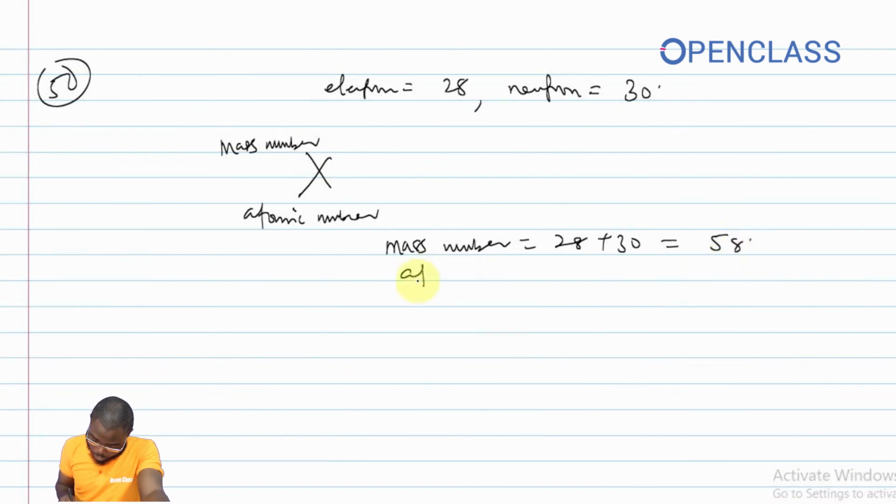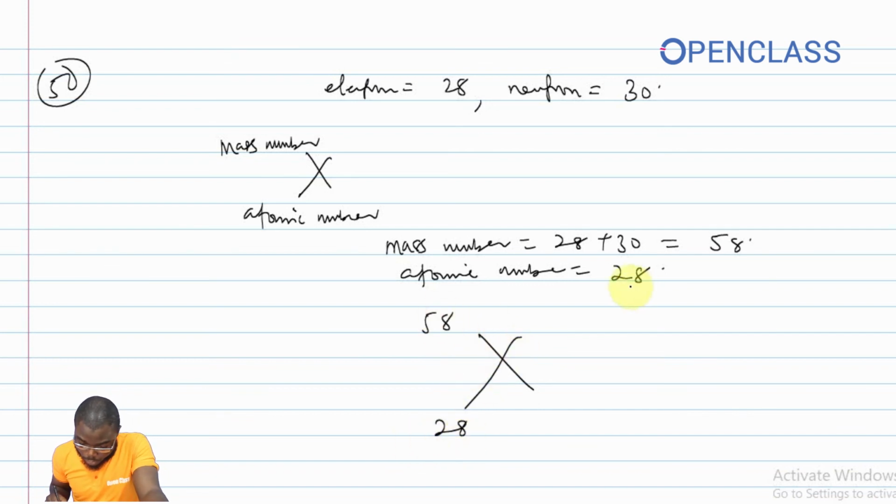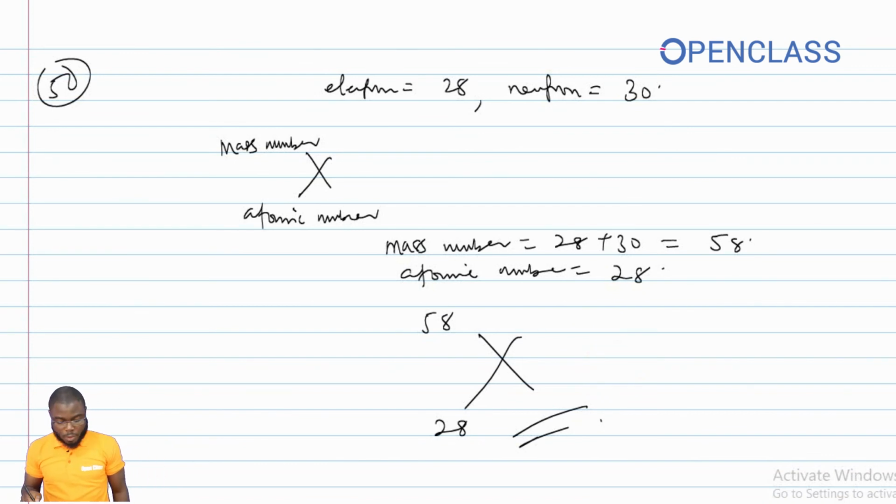Then the atomic number would be 28. So you have this represented as 28, 58. That's your answer, probably A. All right, so that's question number 50.